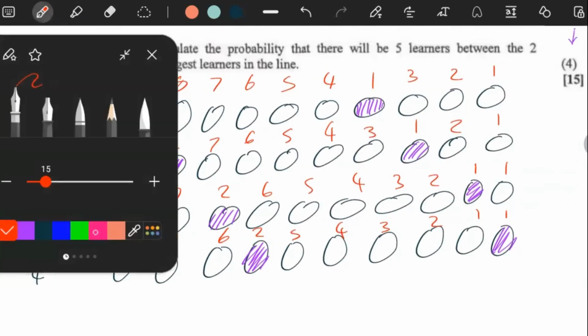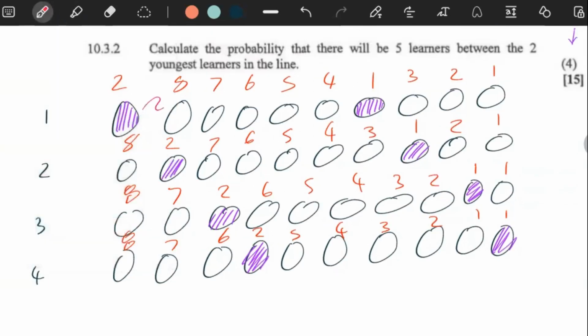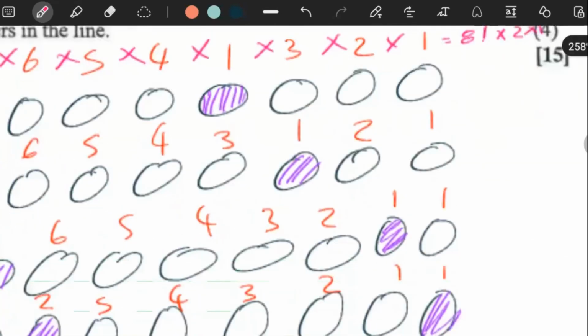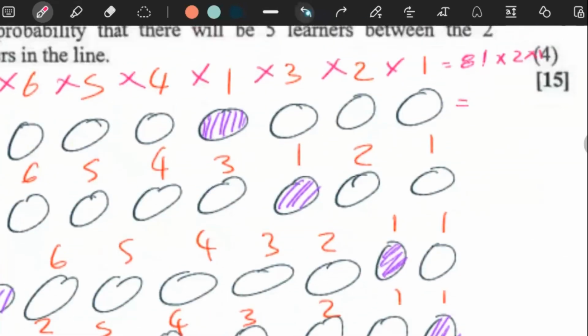Now, these scenarios, we know that to get all the seating arrangements, it's just going to be these numbers multiplied by each other, which we already know is just 8 factorial multiplied by 2 times 1. And it's the same for all these scenarios here.